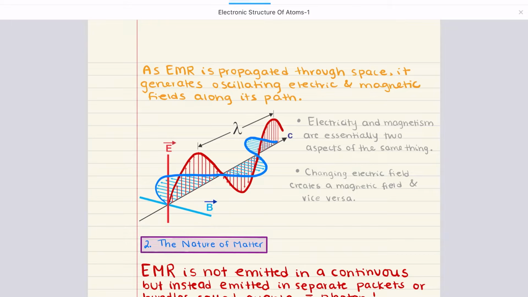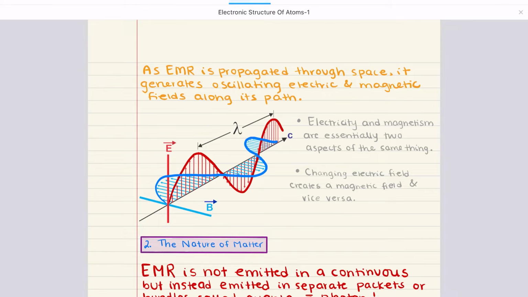What we need to know is that electricity and magnetism are essentially two aspects of the same thing. Changing the electric field creates a magnetic field and vice versa. Now, the interactions of these fields allow electromagnetic radiation to propagate through space and interact with charged particles.